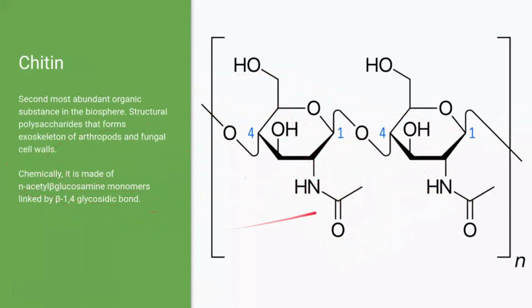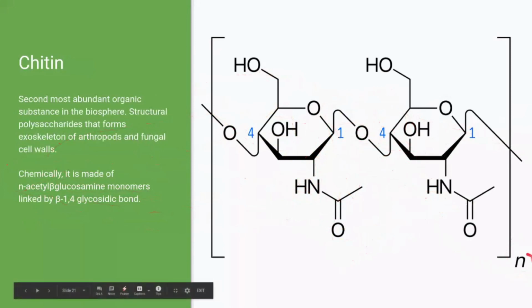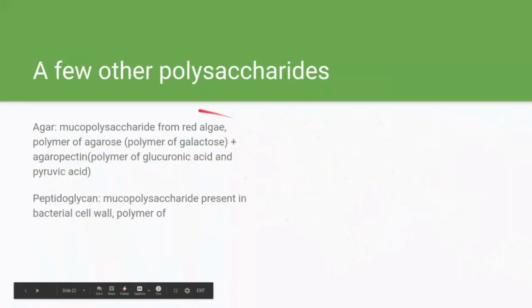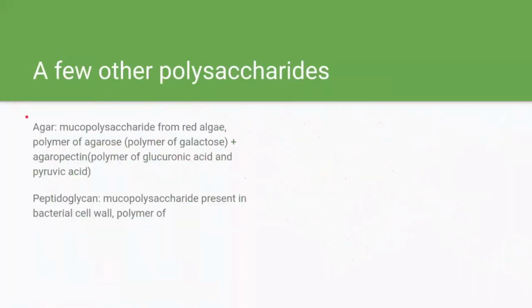And then you have the beta version of glucose, which is N-acetyl glucosamine. They are linked by 1,4 bonds, again like cellulose, and it's a polymer. You can have N repeating units. And then you have a few other examples of polysaccharides, which is agar. It's used a lot in molecular biology experiments, PCR, and bacteria culturing experiments.